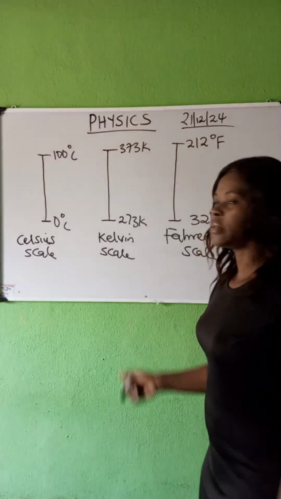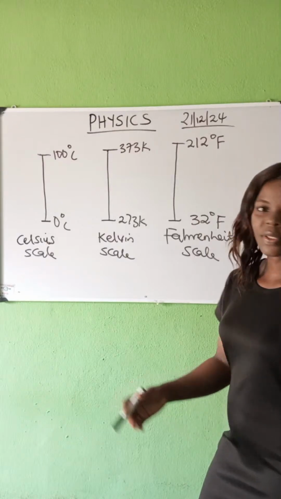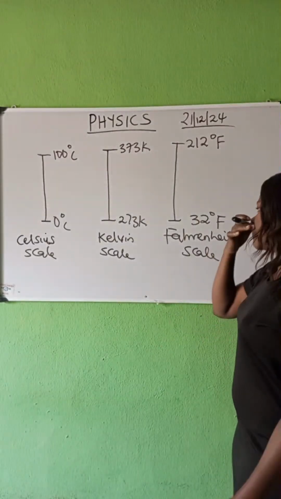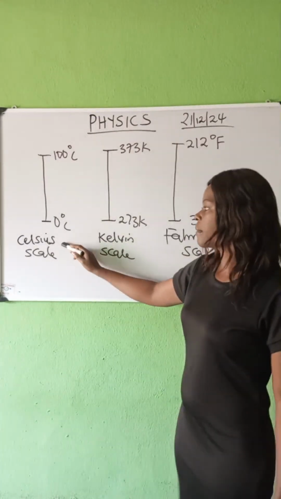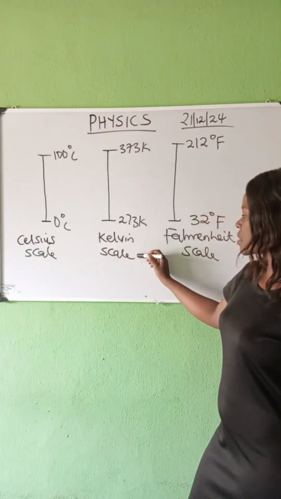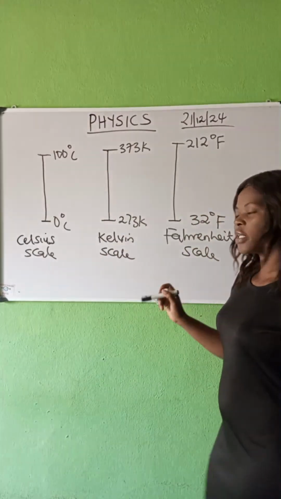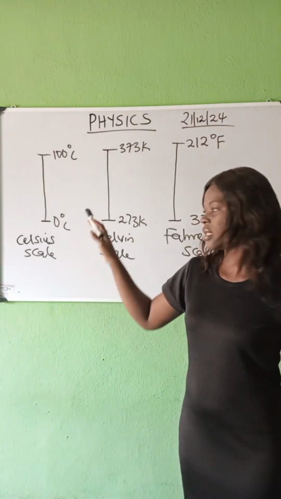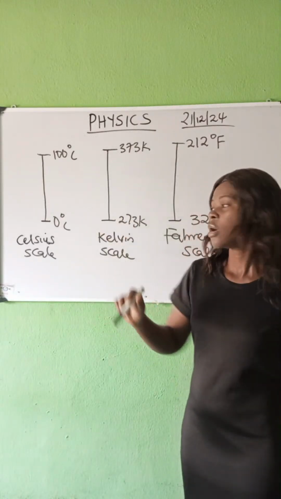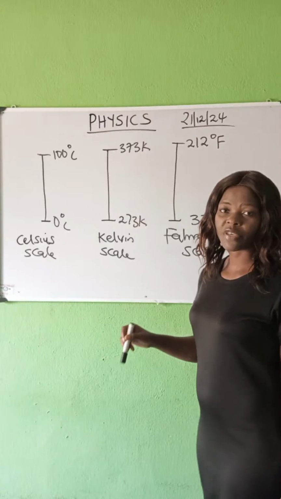Okay, so these are the three types of scale that we use right now. The first one is the Celsius scale, followed by the Kelvin scale and the Fahrenheit scale. There is one thing you must take note of in these different scales. What's important there is their upper fixed point and the lower fixed point.